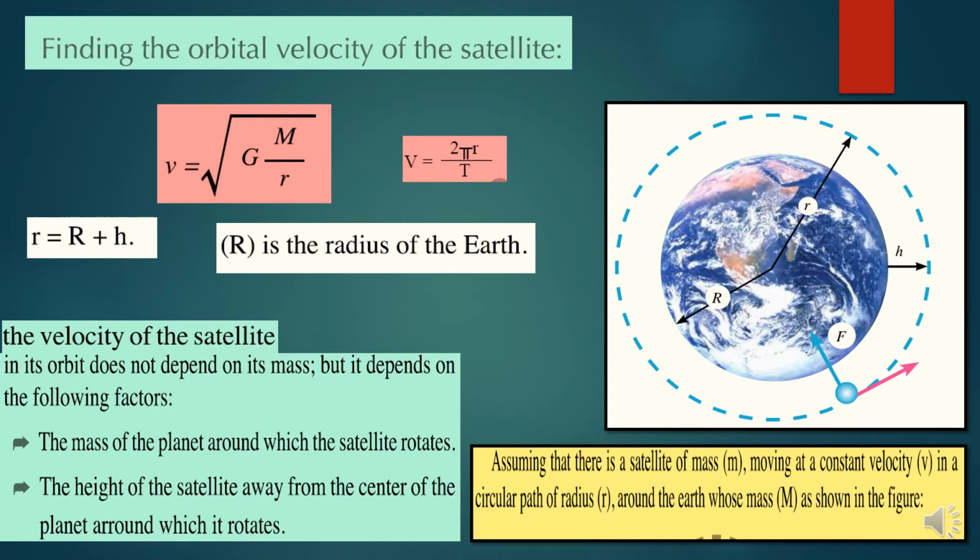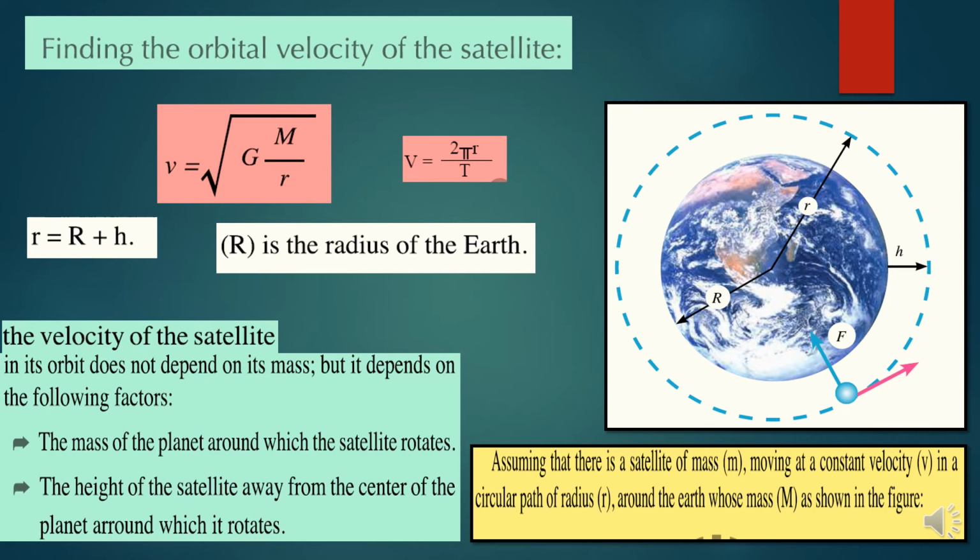How to find the orbital velocity of the satellite? V, orbital velocity, equals square root of G M over r. G is the gravitational constant, M is the mass of the planet, and r is the distance between the satellite and the center of the Earth or the center of any planet.